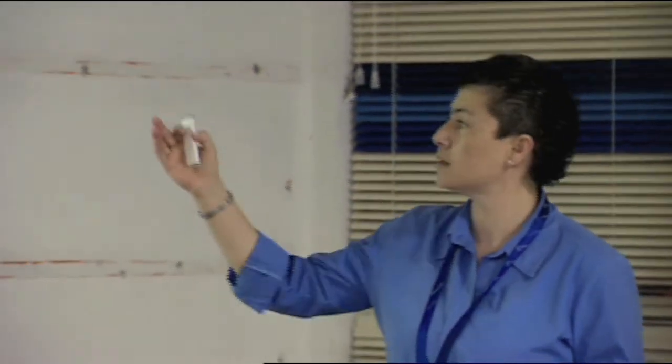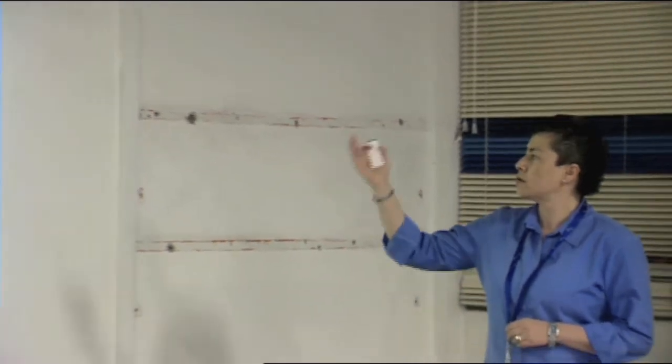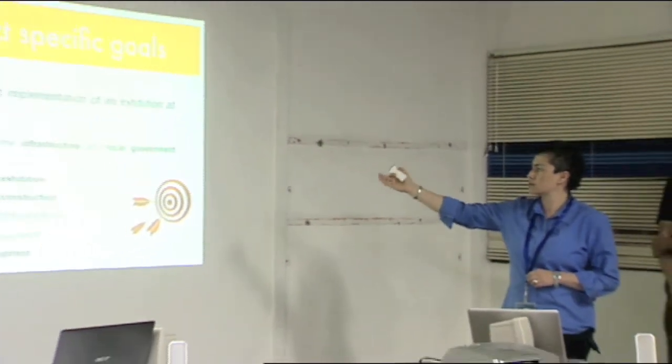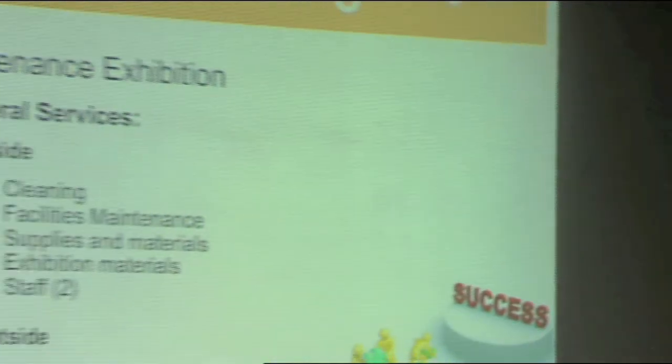For the first one, we have the design and development of the infrastructure and exhibition. For the third goal, the targets are general services inside and outside the facilities, like cleaning, supplies, materials, security, insurance, and so forth.